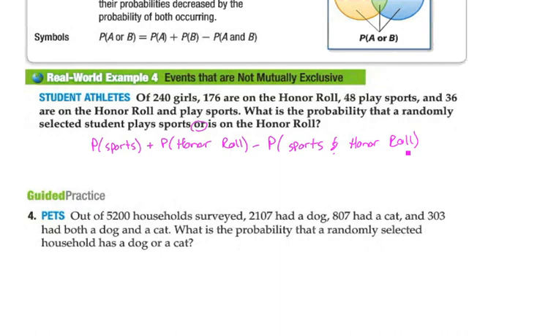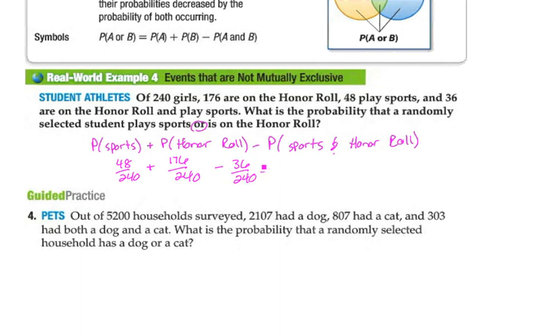Adding up the total amount of girls, again, they say that there's 240. So those that play sports, we have a 48 out of 240 chance that they play sports. Plus those that are on the honor roll, there's 176 out of the 240 that are on the honor roll. But again, we have to get rid of that probability of sports and honor roll together. So that 36 out of 240, we need to subtract.